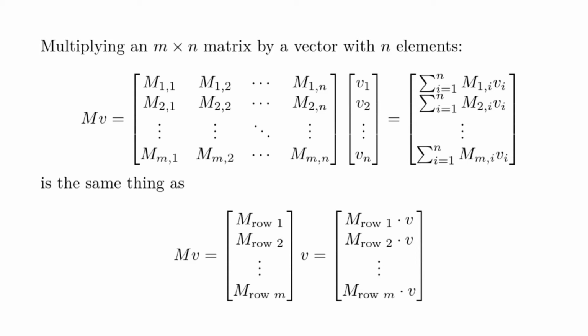Now, geometrically, this means you are comparing a plane, a flat plane, to the input vector, since the row of the matrix can represent the normal of the plane. When you apply the activation function element-wise to the result, you're really just checking which side of that plane your input data is on.